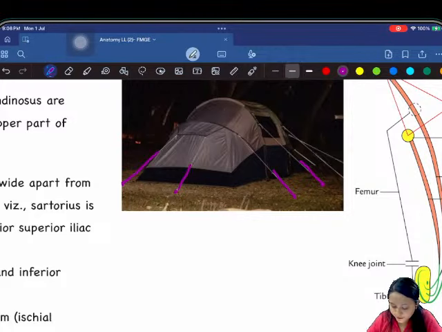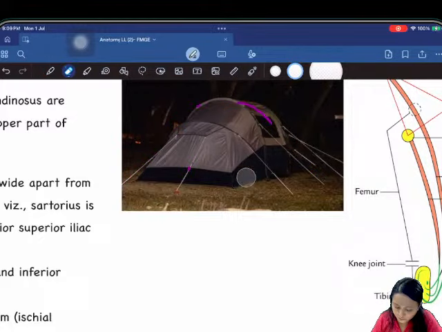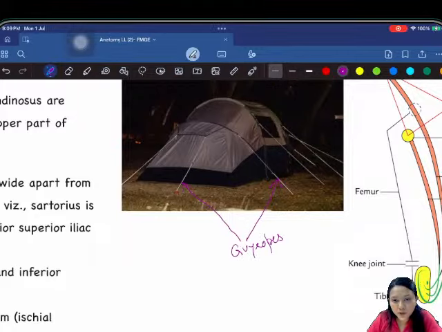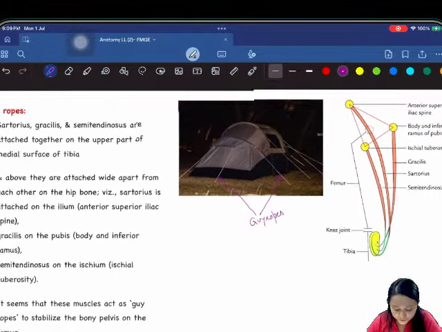When you set up a tent, there is tension built, and it is attached to the ground by certain ropes. These are known as guy ropes.